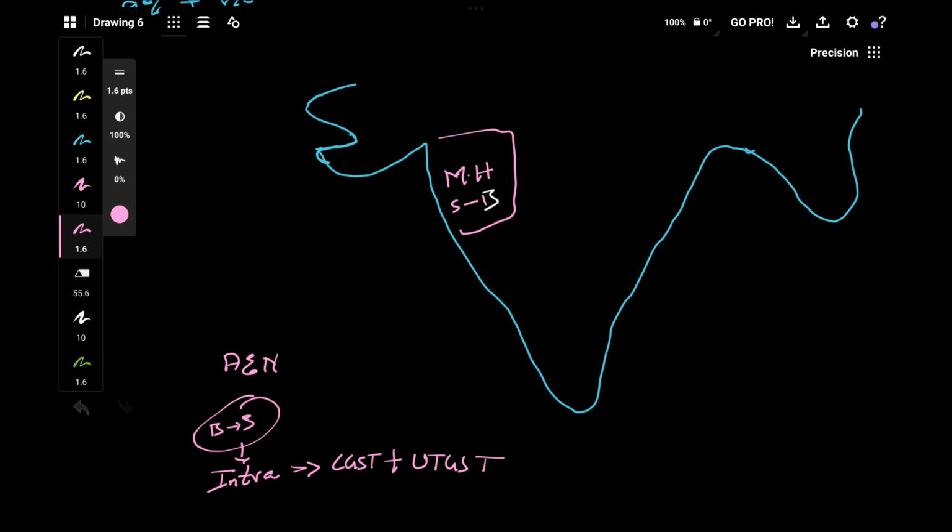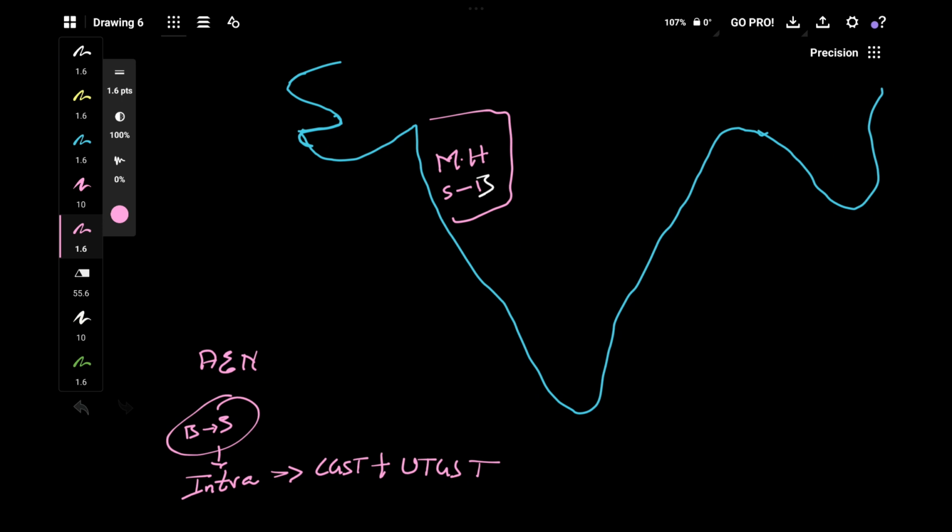So let's assume this is Gujarat, and from this coastline within 12 nautical miles, here there is a person. Please do focus, this is very important.